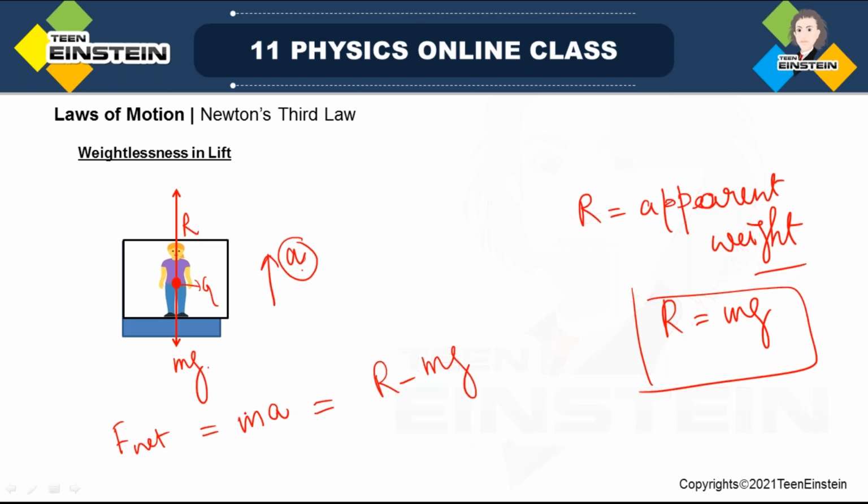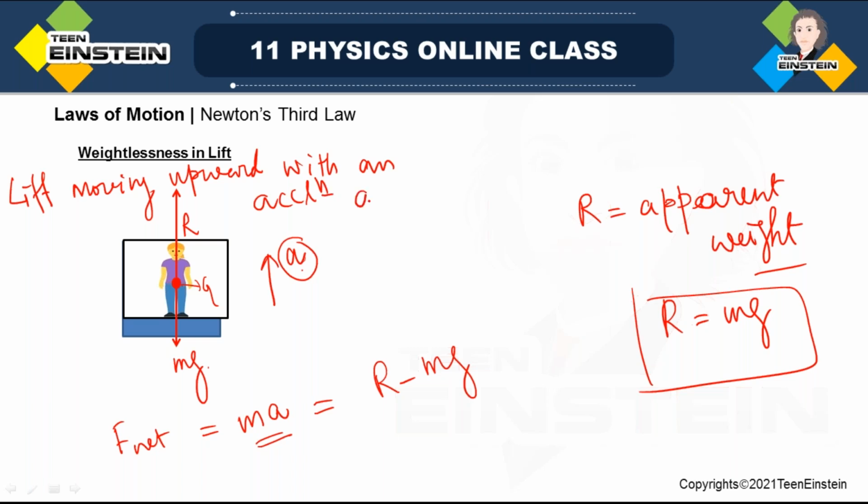So the man has a net force on himself inside the lift in this condition, when the lift is moving upwards with an acceleration a.